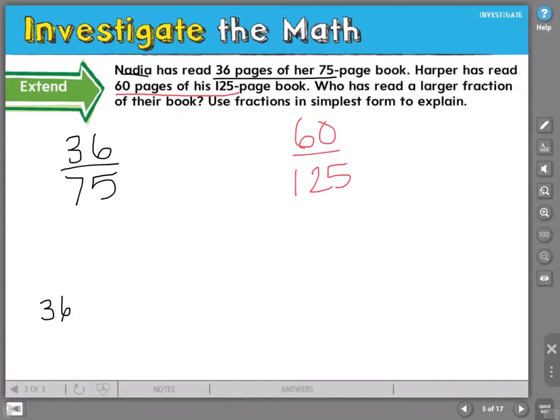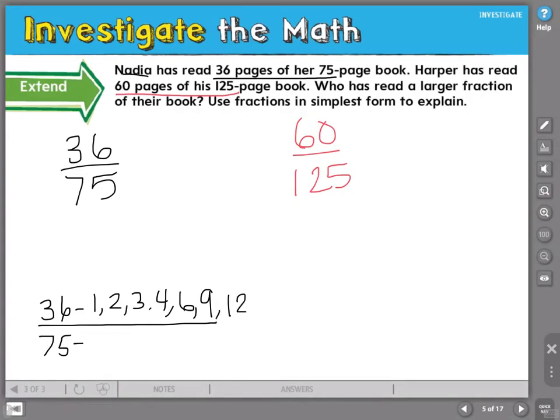I'm going to list all of the factors of both the numerator and the denominator. 36 has factors of 1, 2, 3, 4, 6, 9, 12, 18, and 36.